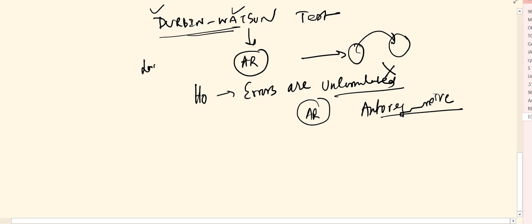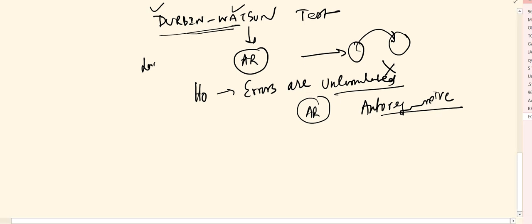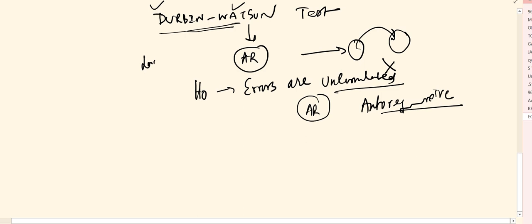We talk about the residual in the form ET. Let ET equal rho ET minus 1 plus VT. Here the subscripts refer to the present and one time period back.